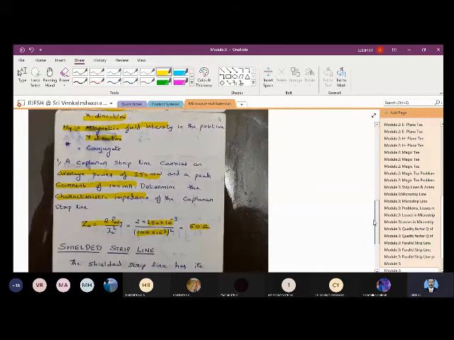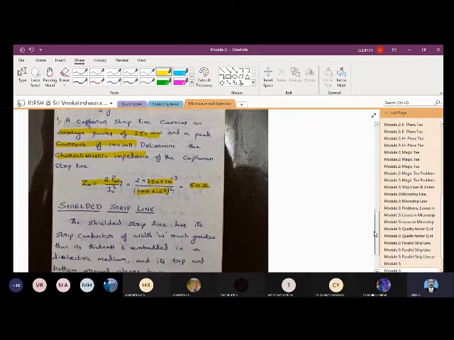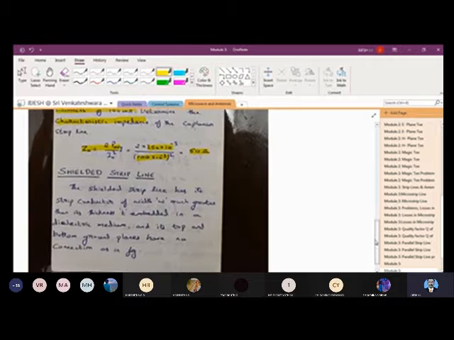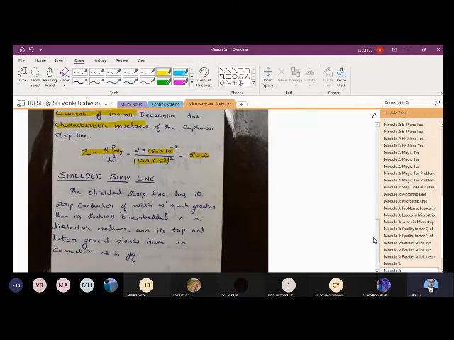So now further we will move on to the shielded strip lines. So you can just see that we are going to discuss about the shielded strip line. So write down shielded strip line.